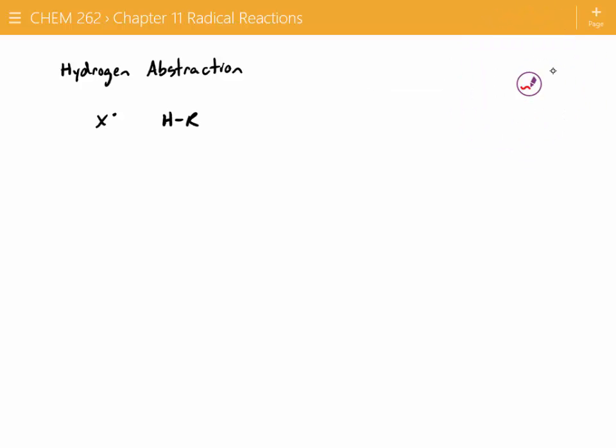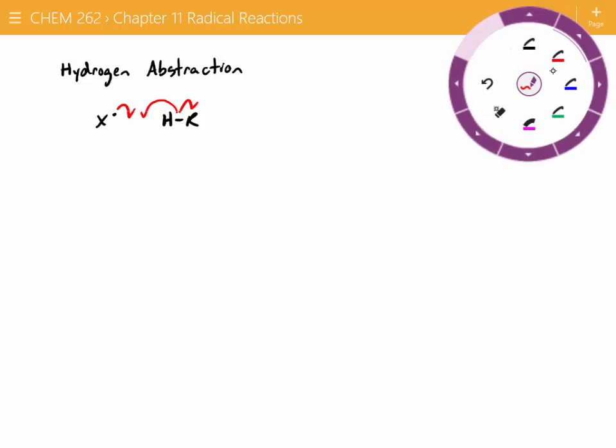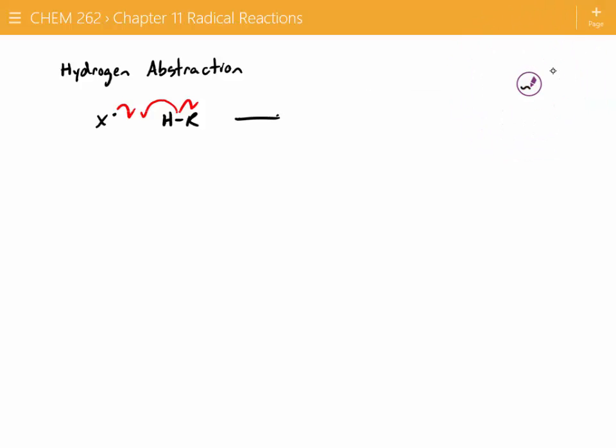What will happen is this radical will steal the hydrogen. So the radical electron will come over, the electron from the covalent bond will jump over, and then the remaining one will jump onto the alkane. And when we do this, we now get a new covalent bond between X and our hydrogen, and then we get a radical alkane. So hydrogen abstractions we'll see in a few different reactions, but it's the transfer of a hydrogen atom from an alkane to some sort of radical.